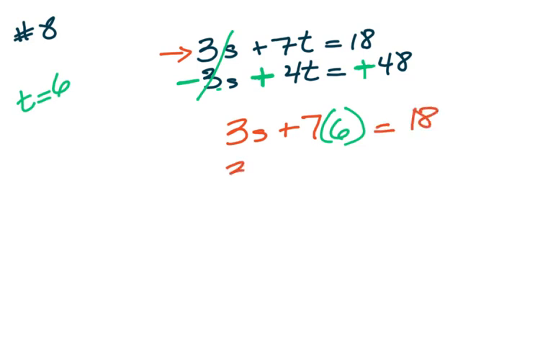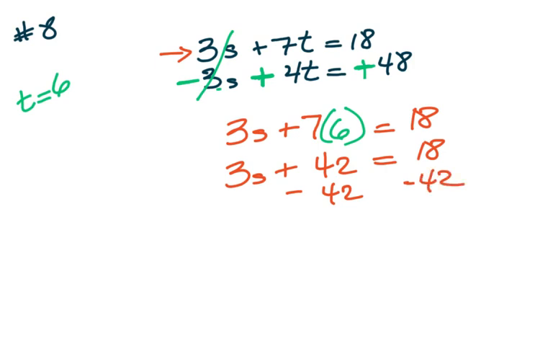Okay, 3s plus, this is going to be 42, equals 18. And I'm going to go minus 42 on both sides. And that's going to equal 3s. That goes away. 3s is going to equal negative 24.